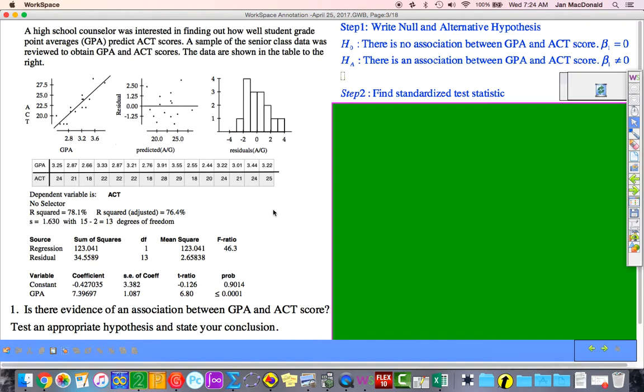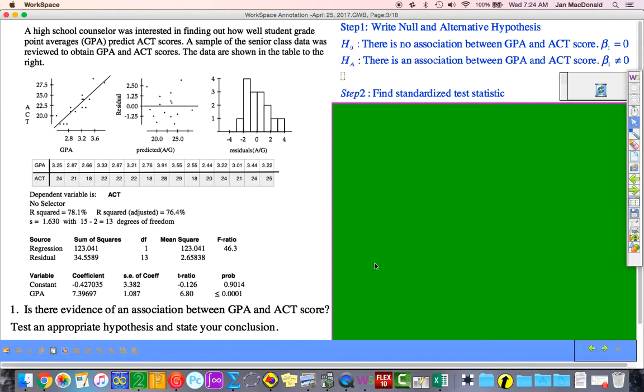Okay, again, our standardized test statistic can also be found in our printout. And our standardized test statistic is this number right here, 6.80. It is the T statistic for GPA.